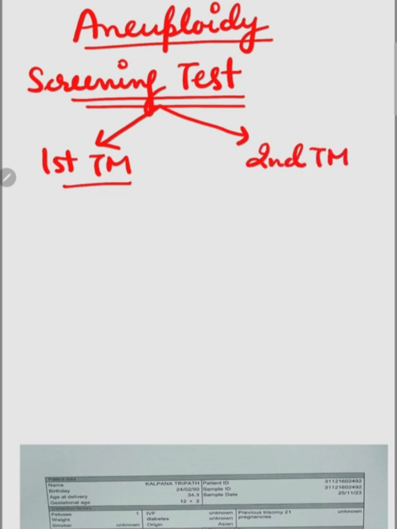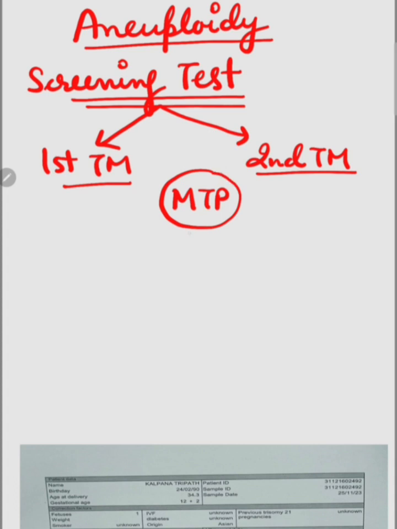For aneuploidy screening, always remember we can screen the mother in both first trimester as well as second trimester. The basic idea of screening is that if we find the baby to be having certain anomalies, then we will go for a diagnostic test and we can go for medical termination of pregnancy.